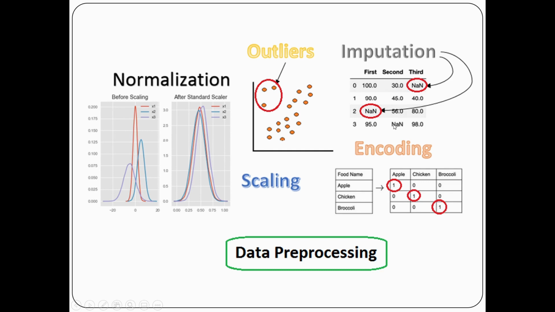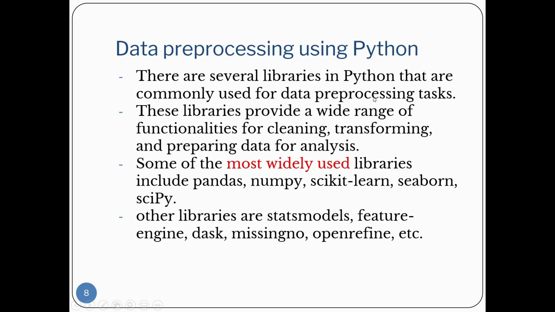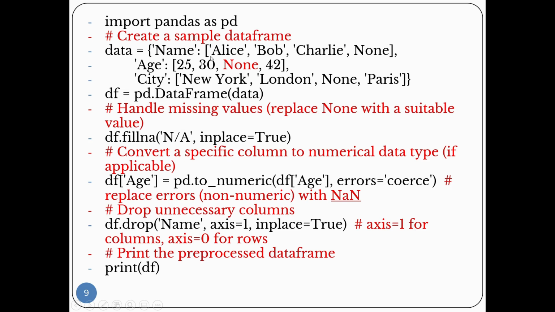Data pre-processing helps to identify outliers, and it helps to fill out missing values, and give the mean and median values, etc. These are a few of the examples. The most commonly used libraries in Python for data are pandas, numpy, scikit-learn, and seaborn.